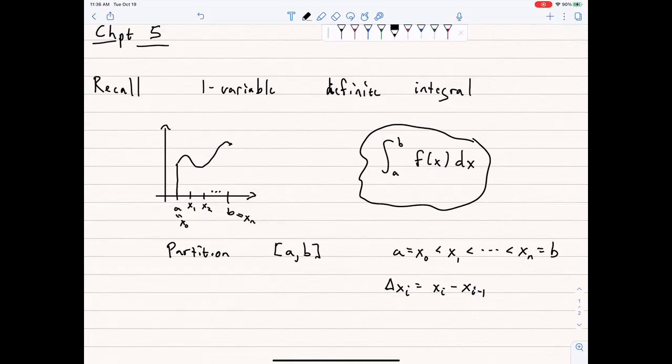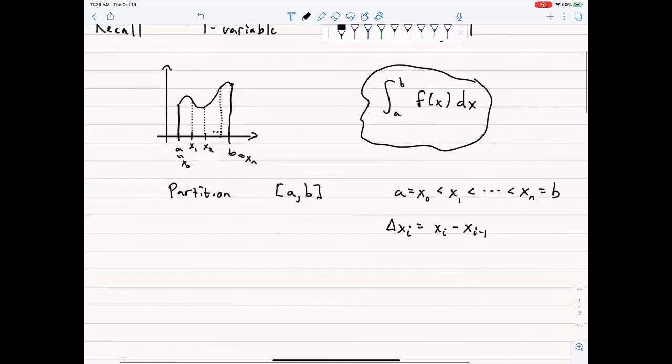I'm not going to do it yet. Imagine just thinking about this function over these subintervals. And then what we want to do is add the areas for each of these subintervals. But in order to do that, we have one more ingredient.